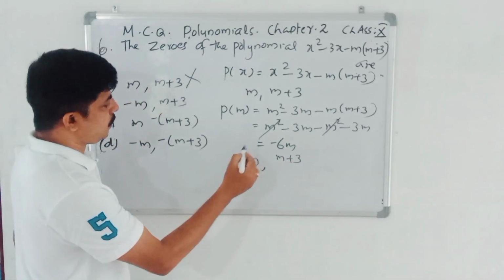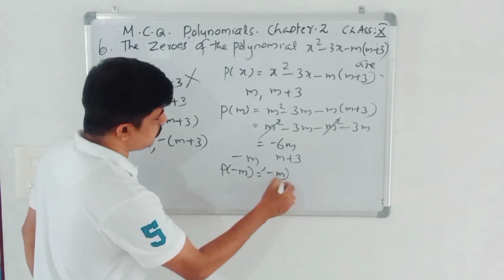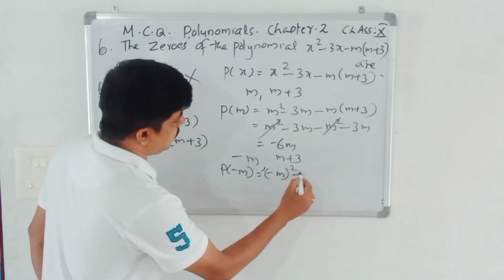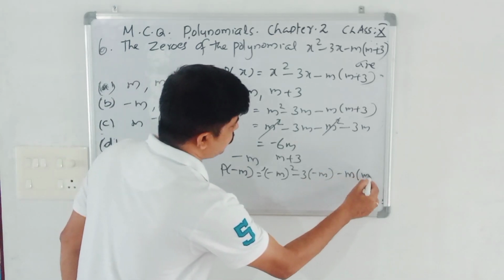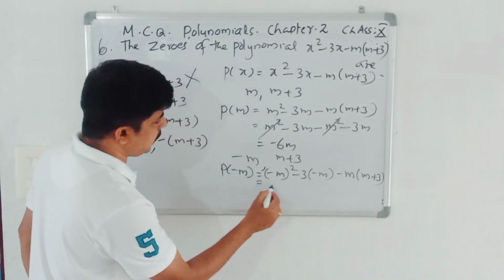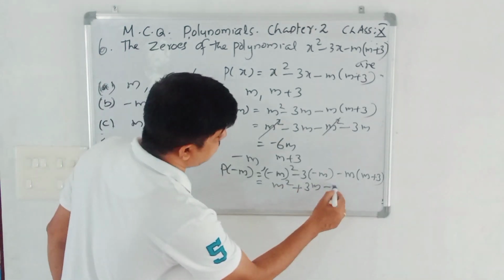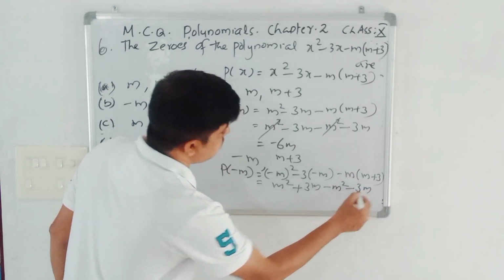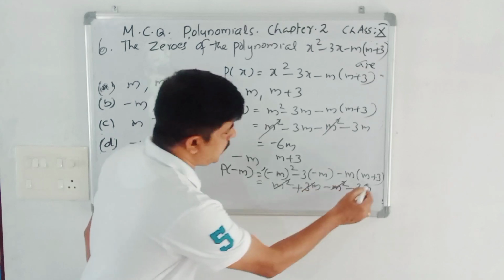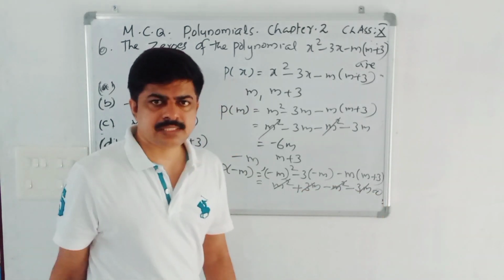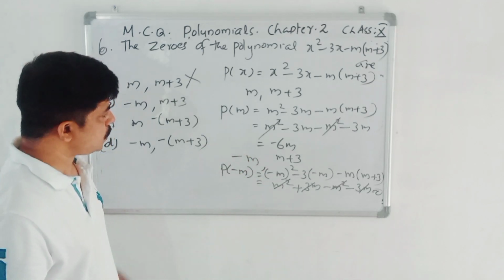Both have to be verified. First we verify p of negative m, which is negative m square minus 3 into negative m minus m into m plus 3, that is m square plus 3m minus m square minus 3m. The m square terms cancel and we get 0, but we have two zeros, so the other one should also be verified.